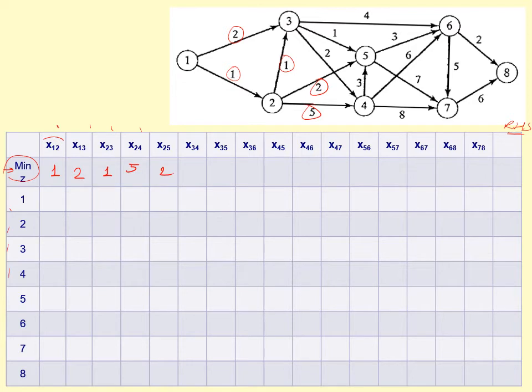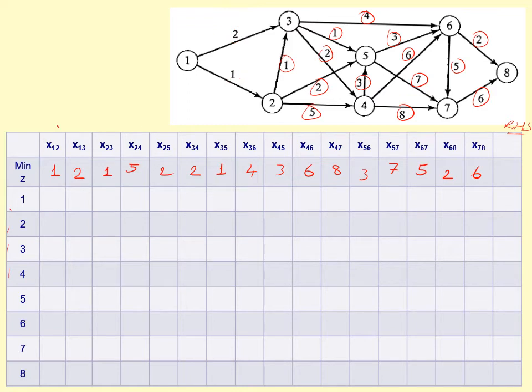And for x34 it is 2 times x34, 1 times x35, 4 times x36, then 3 times x45, then 6 times x46, 8 times x47, 3 times x56, 7 times x57, 5 x67, 2 x68, and 6 x78. This is our objective function that we want to minimize.